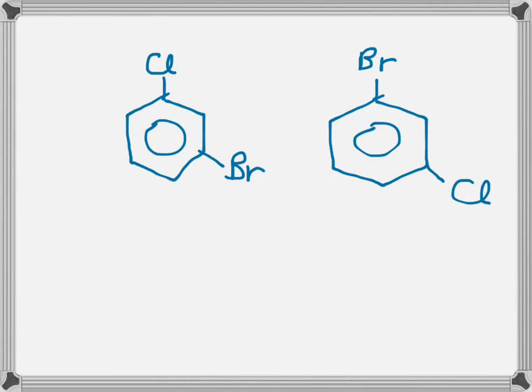There are different ways to think of what ortho, para, and meta mean. And you kind of have to come up with the one that makes the most sense for you. Personally, I like the POMP thing, P-O-M-P. So P for principal, ortho, meta, para. So put one of them at the top, and then where's the other one?